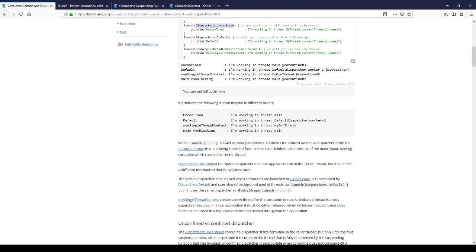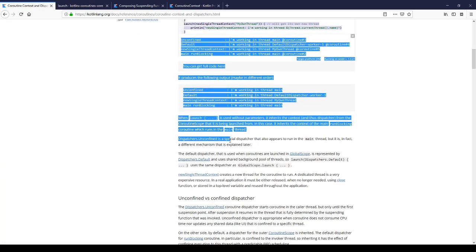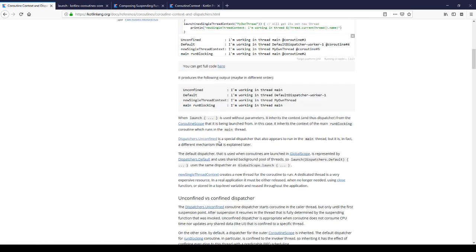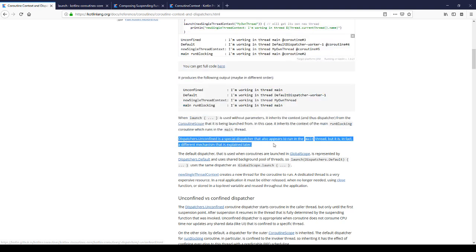When launch is used without parameter, this is something we just read. Dispatchers.unconfined is a special dispatcher that also appears to run in the main thread, but it is in fact a different mechanism that is explained later, so that's why.